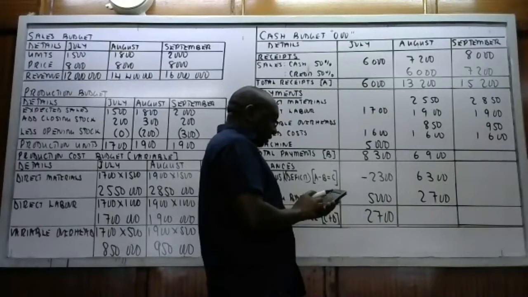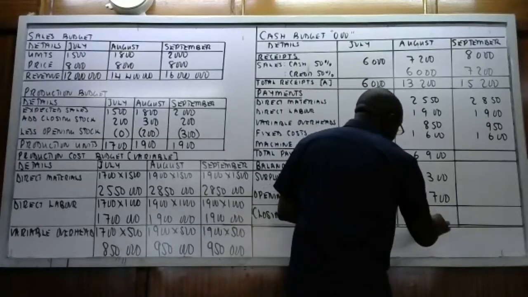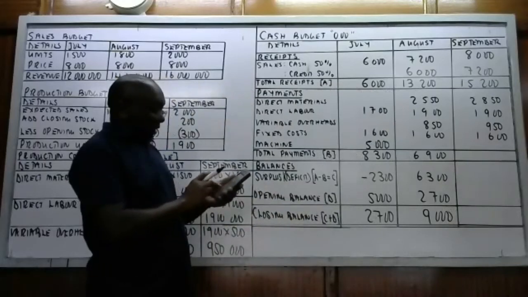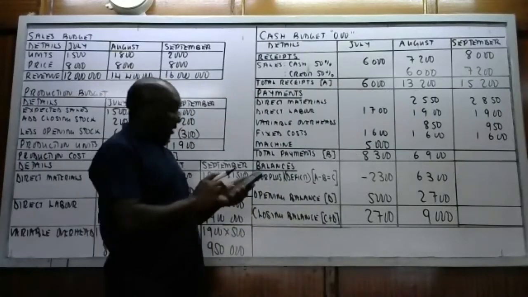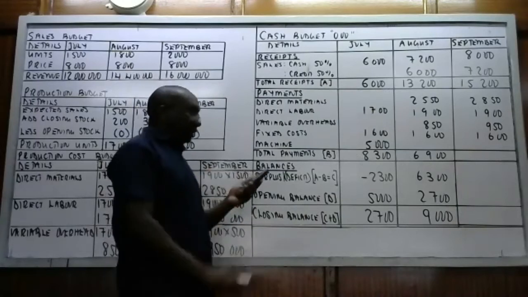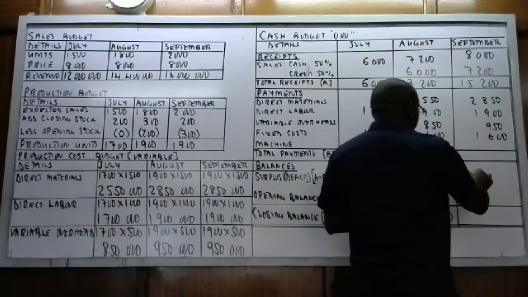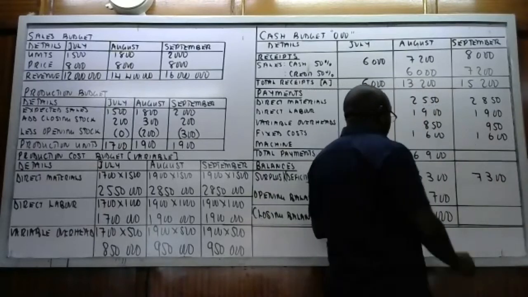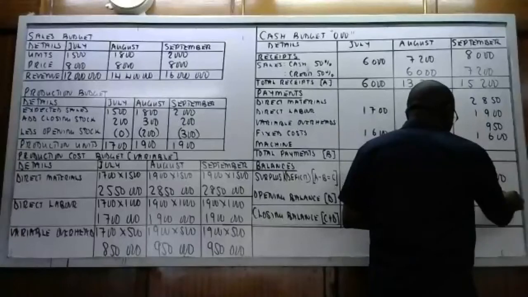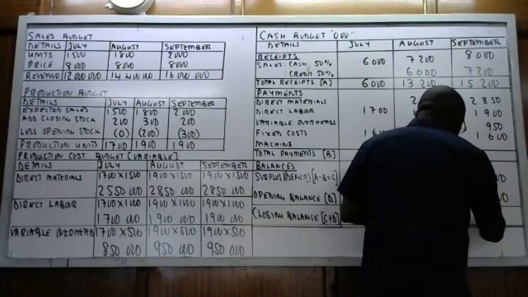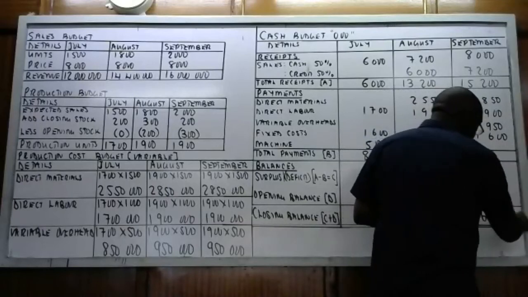So you add 2,700, that becomes 9,000. Then September, 2,850 plus 1,900 plus 950 plus 1,600 is 7,300. The opening is 9,000. So ukiongeza 9,000 you work with 16,300.